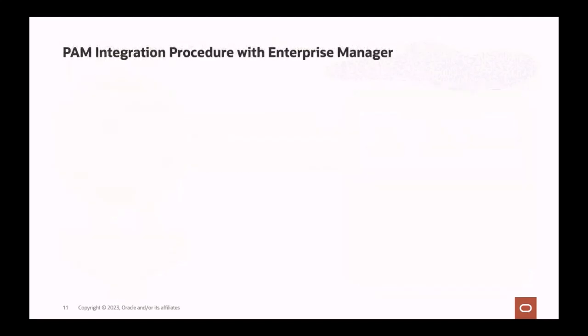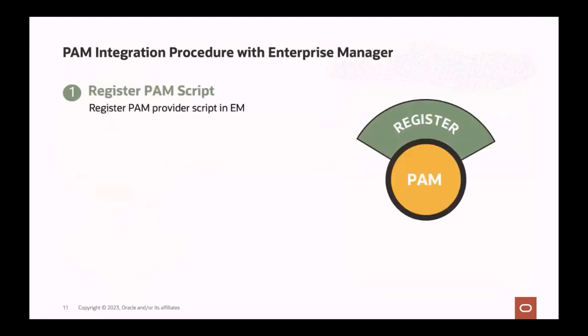So at a high level, PAM integration with EM can be summarized in 3 simple steps. The first one is register. This step involves registering the PAM script provided by the customer within the Enterprise Manager credential framework. This registration enables Enterprise Manager to interact with the PAM solution and retrieve credentials securely.